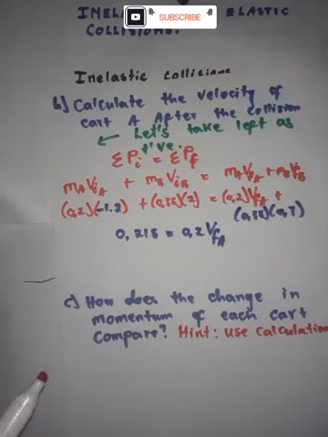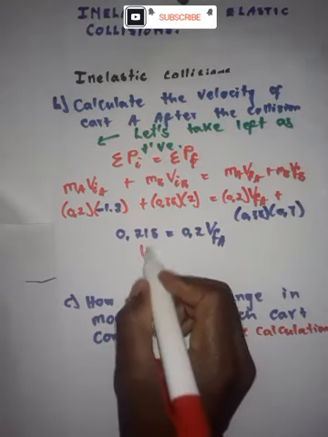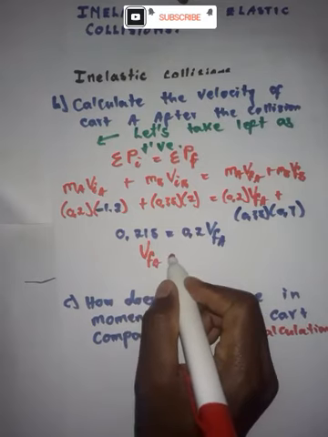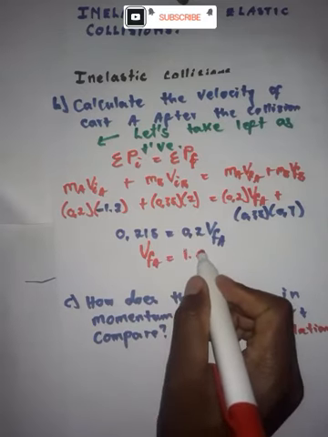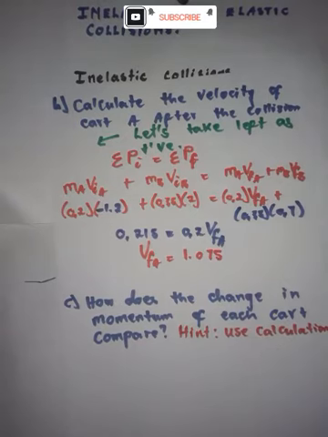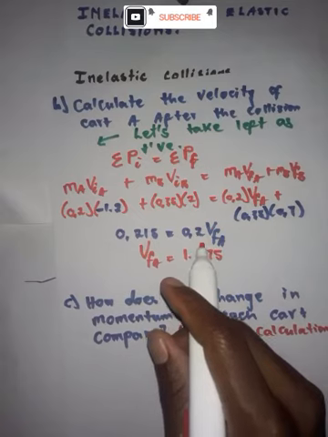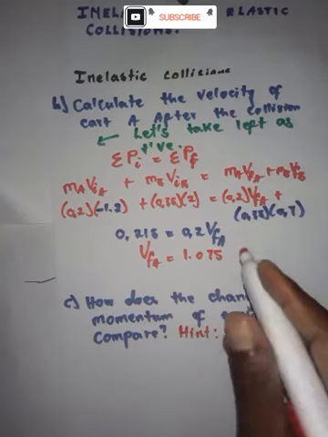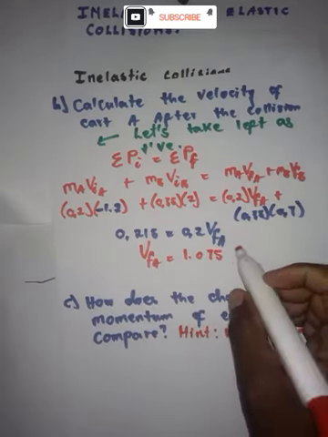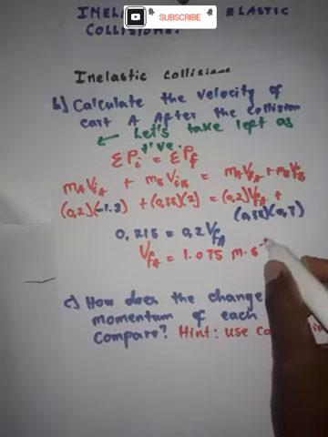So when you divide by 0.2, you get V final of A is equal to 1.075. So therefore this final velocity of object A is going in the opposite direction of its initial velocity, meters per second. Never forget the units.